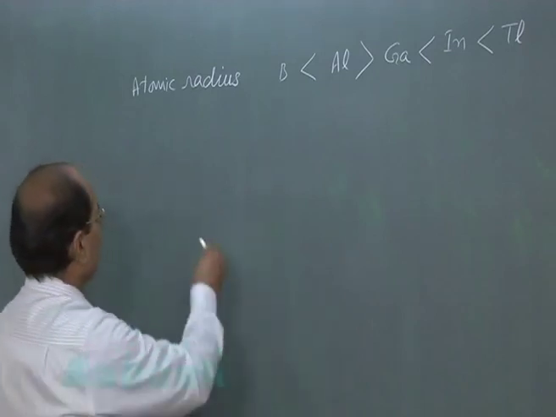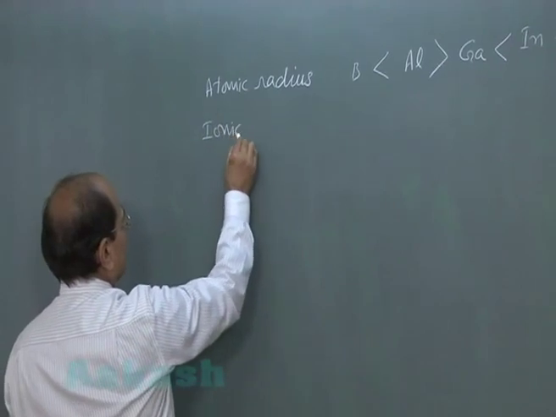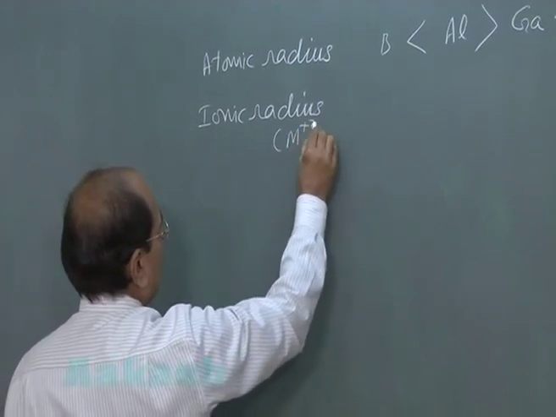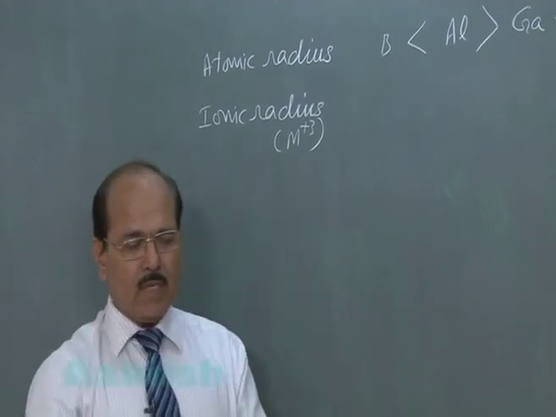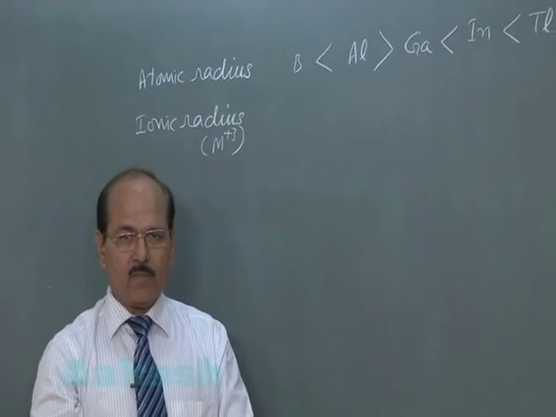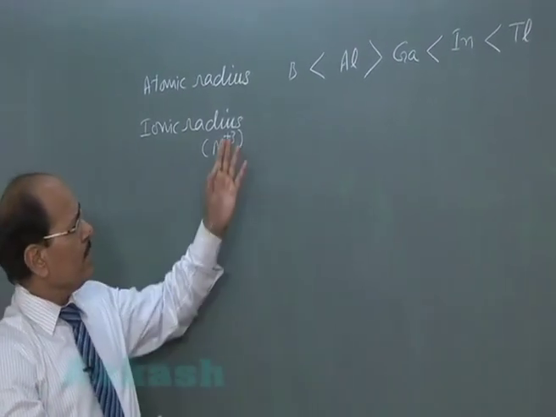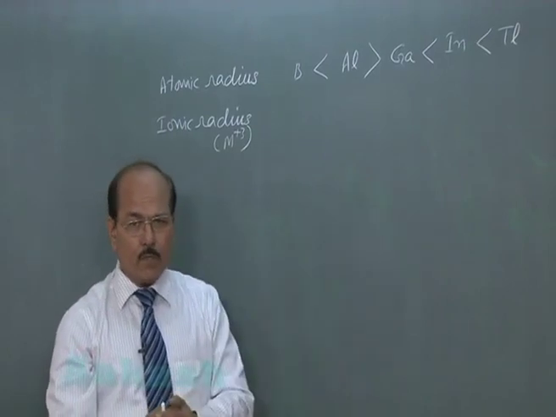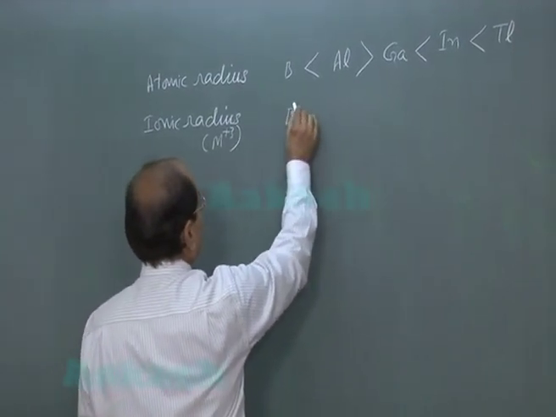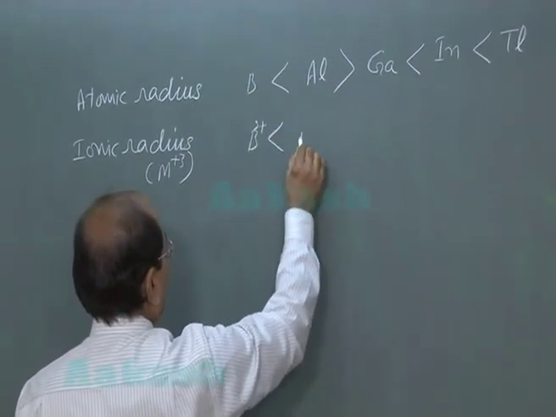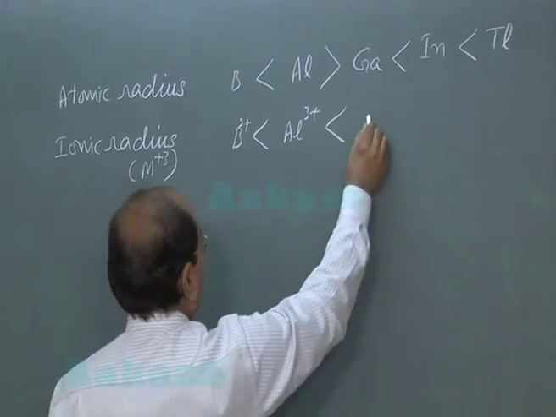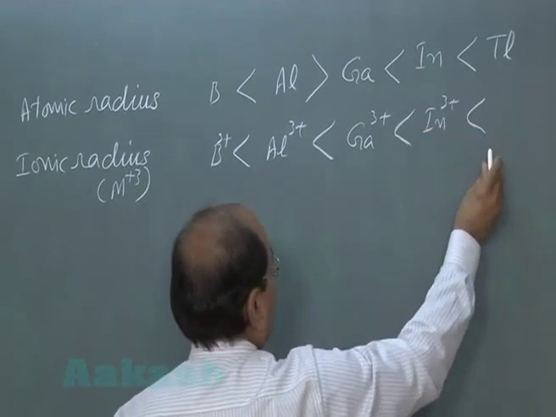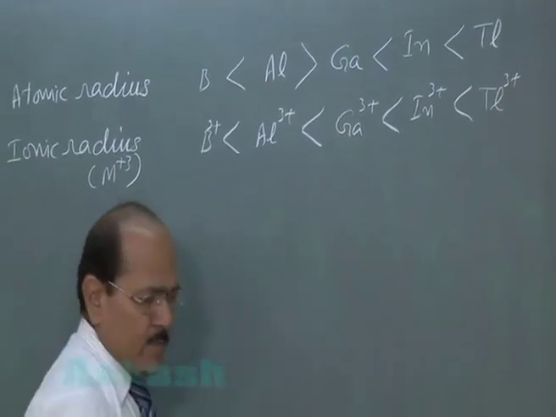When we compare the ionic radius of the +3 state, that is, when the atom has lost its valence electrons, the size of the trivalent cation increases as we go down the group, as we would have expected.